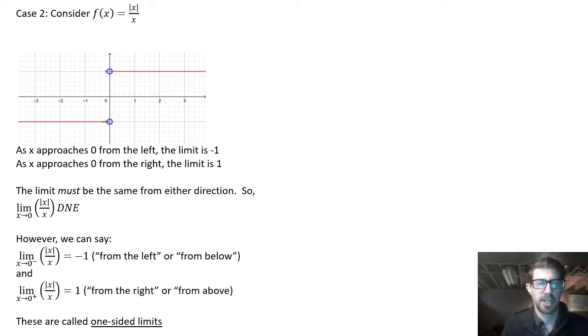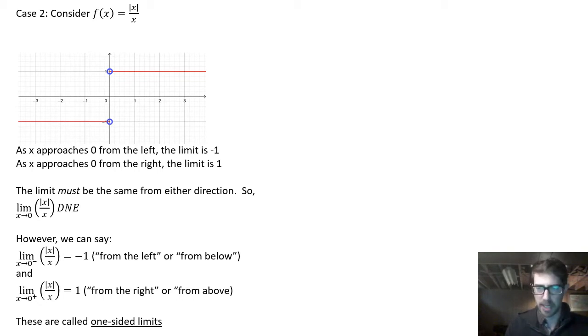If you see the limit as x approaches 0 with a little minus equals -1, that little minus means you can think about it as from the left or from below. Either way, it means coming this way, from left to right. So that one-sided limit does exist. And the same with the right-handed limit, coming from the right or from above, would just be 1. So that one-sided limit exists as well.